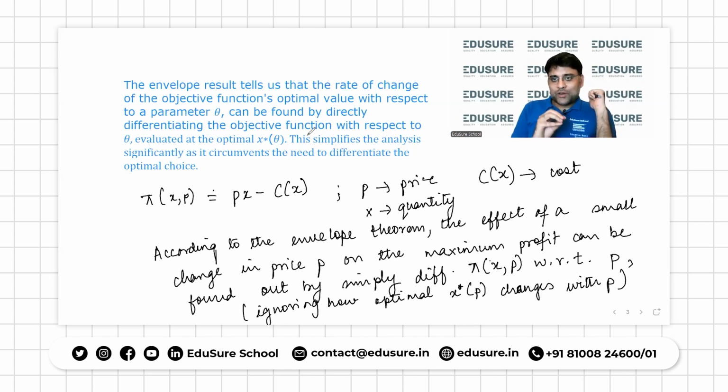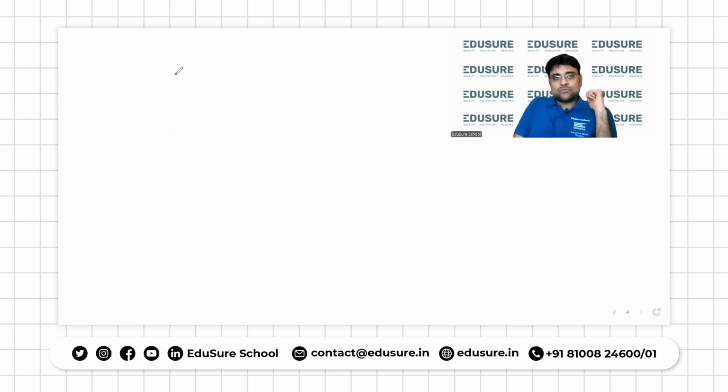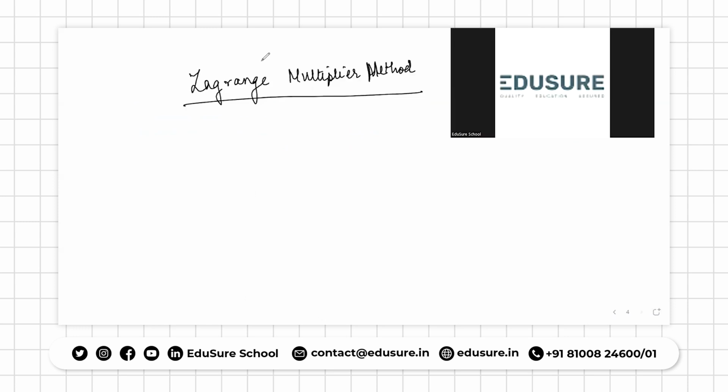Now it's important for us to not only talk about the envelope theorem in this manner, but we'll also have a Lagrange multiplier method overview for the envelope theorem. So let's now go into the Lagrange multiplier method. Let's understand what the Lagrange multiplier method is.